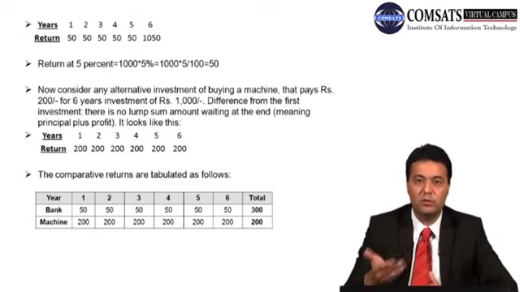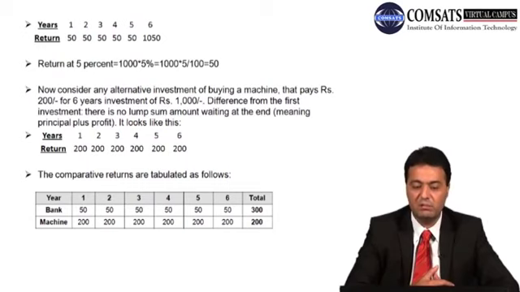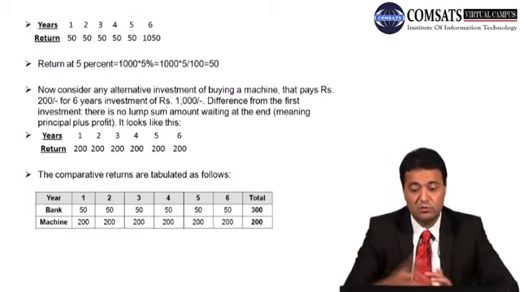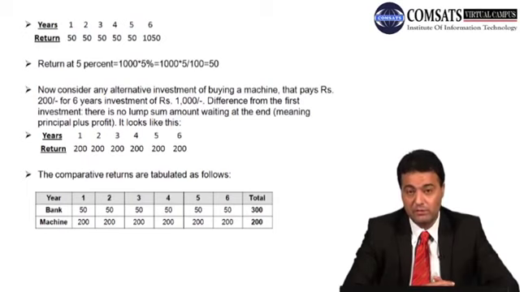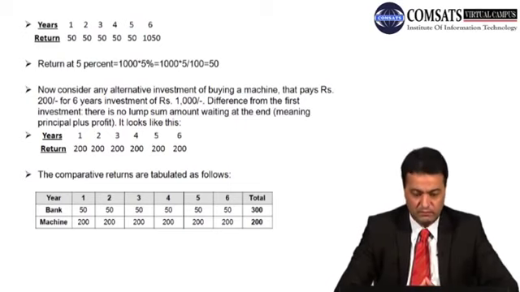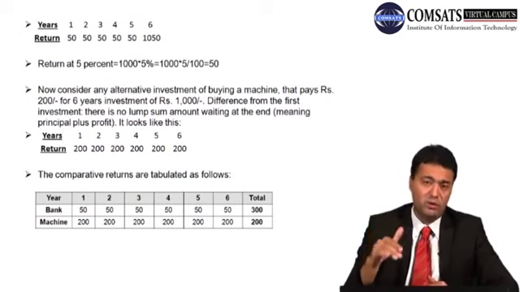So how do we calculate this return at 5%? That is, just multiply the 1000 by 5%. 5% is 5 by 100. So if you cancel out the zeros, you are left with 5 multiplied by 10, which is 50. So that's our profit, which I've already stated in the table. This should be simple enough, hopefully. This is one form of investment.